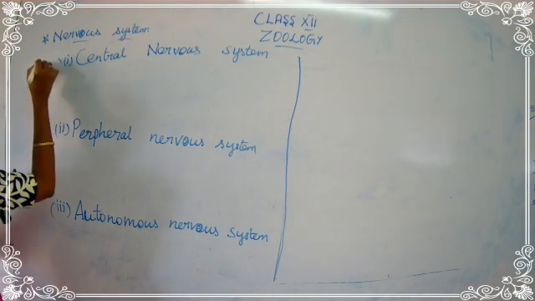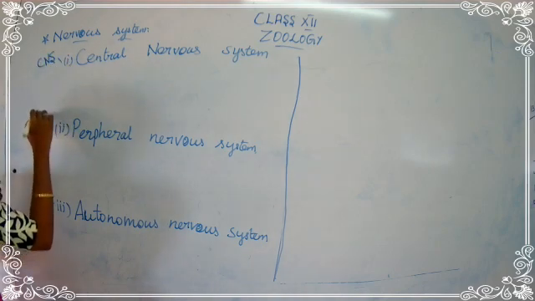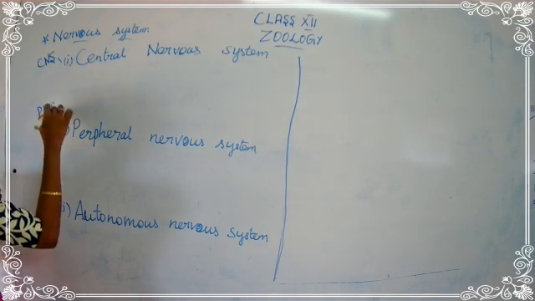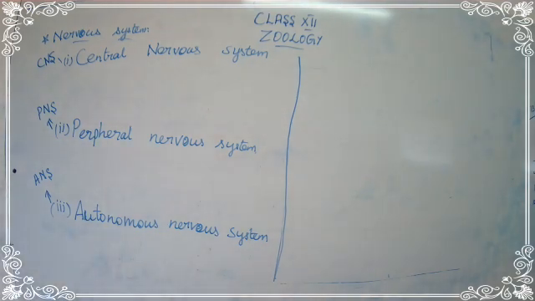Okay. This is CNS. This one is PNS. And the final one is ANS. Okay. Central nervous system, peripheral nervous system, and the final one is autonomous nervous system. Are you clear?